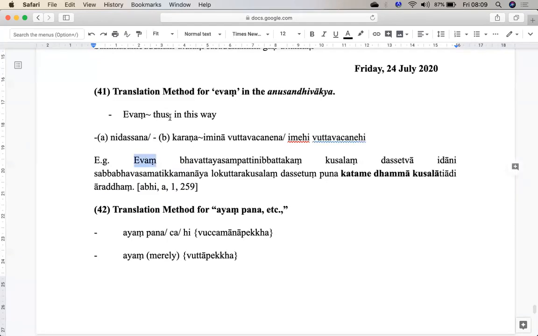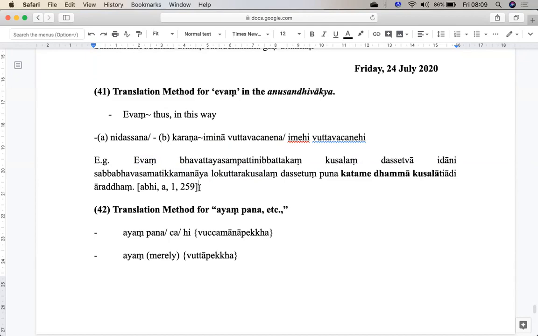The nidassana sense means just "thus," that's all, in this way. But karaṇa means the instrumental case sense. At that time we can understand the word evaṃ in the sense of instrument, that is, iminā vuttavacanena or imehi vuttavacanehi.